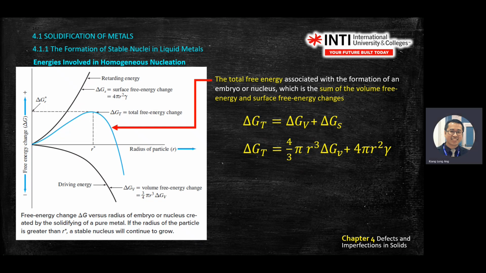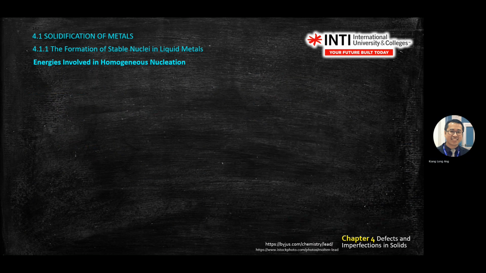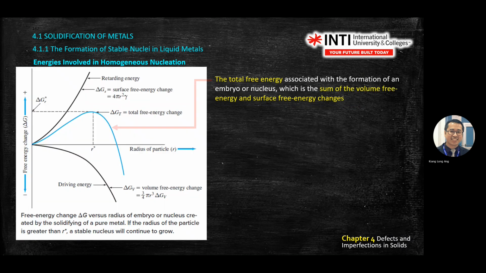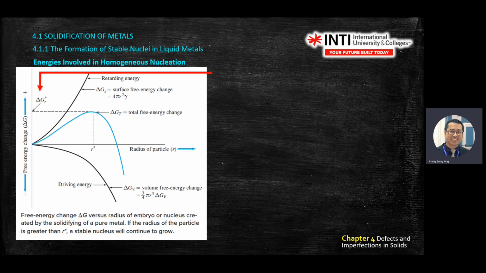Reversing back to the previous one, you see there's a table. This table will help you to calculate delta G. You have the surface energy, you have the fusion energy. So this is the first equation for today, to calculate the free energy needed for homogeneous nucleation.